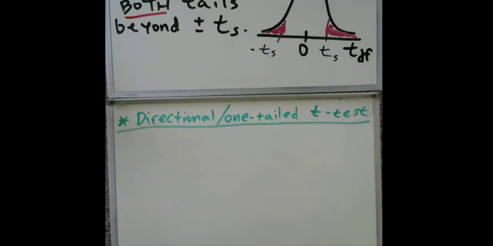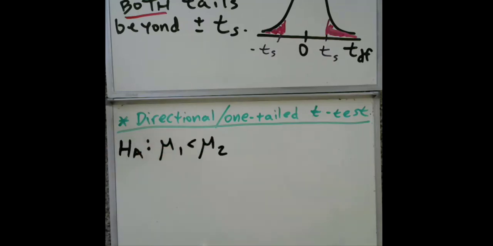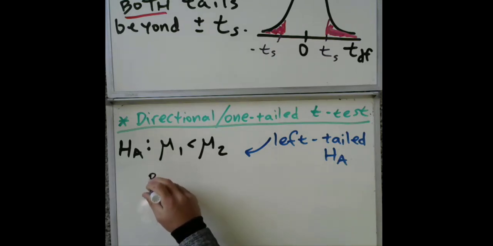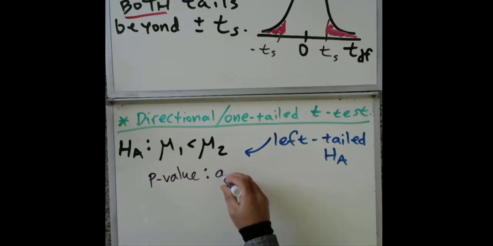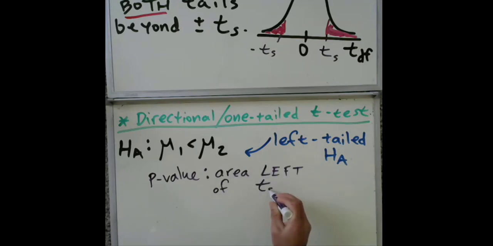So we have two versions of these. A directional, this example illustrates a left-tailed alternative hypothesis. Therefore, the p-value in a left-tailed test is the area to the left of the test statistic.